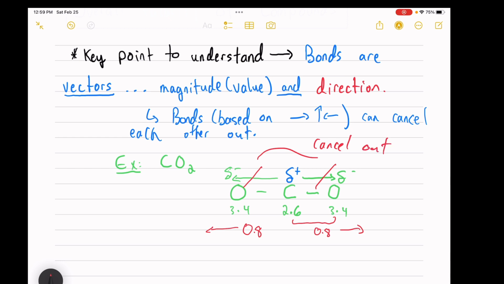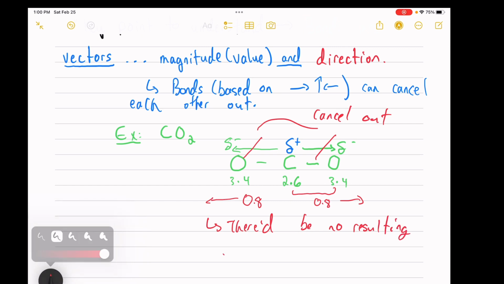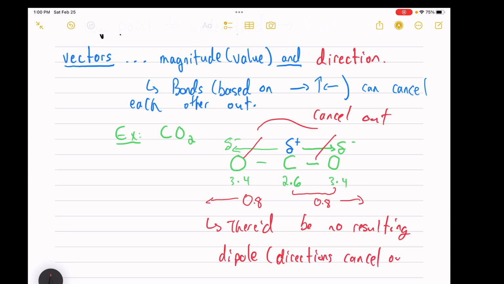And so ultimately, there would be no resulting dipole. And that's because your directions cancel out. So we're going to write directions cancel out. Now, why is that significant when it comes to the overall polarity of compounds?